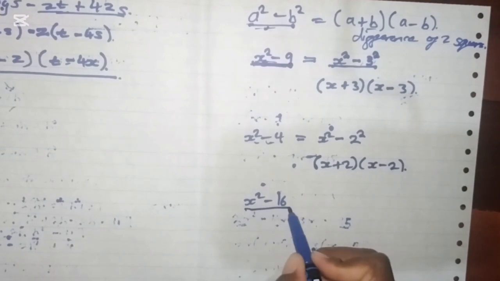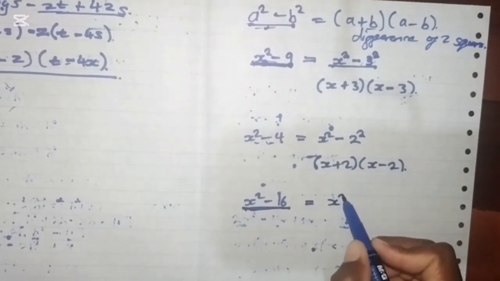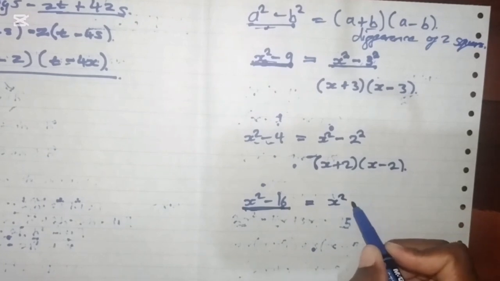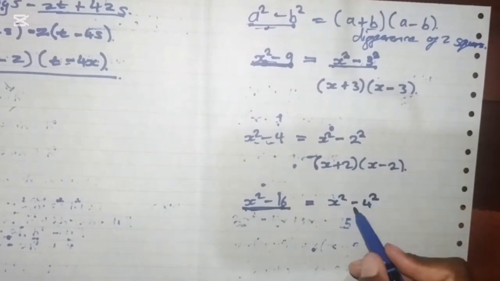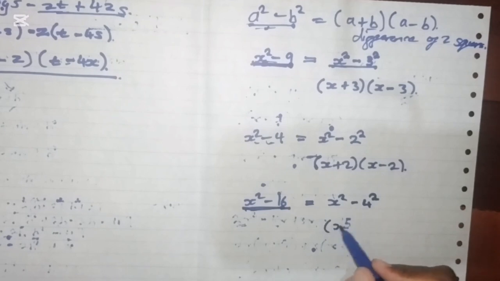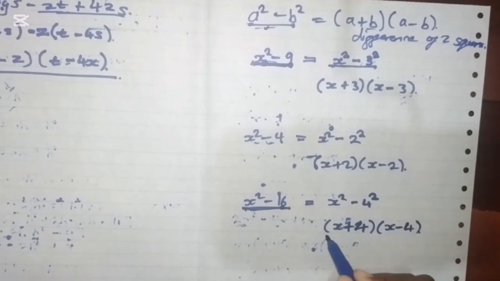What about this one? 16 is 4 to the power of 2. So now we can factorize it. It will be (x plus 4)(x minus 4).